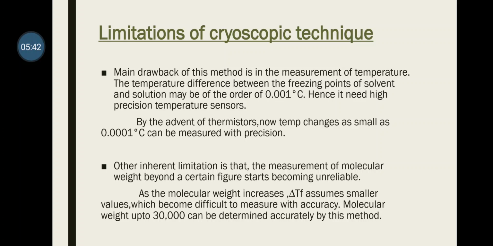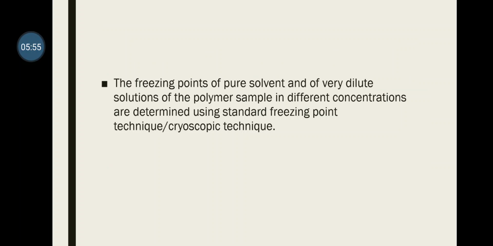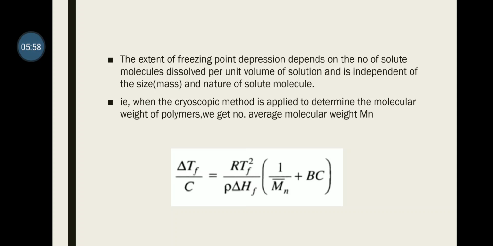Another inherent limitation is that the measurement of molecular weight beyond a certain figure starts becoming unreliable. It can be explained from this equation: as Mn bar, the molecular weight, increases, the depression in freezing point delta Tf becomes a smaller and smaller value, which becomes difficult to measure with accuracy.